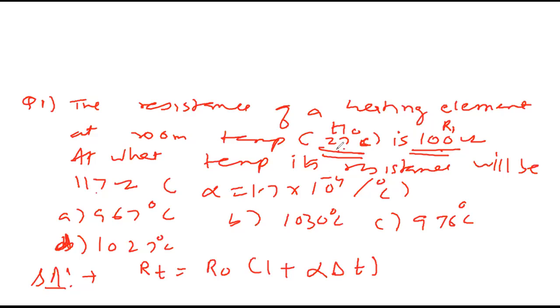This is temperature T1, resistance R1. At what temperature will the resistance become 117 ohm? So can I say R1 is R0 (1 plus alpha T1), where T1 is 27.